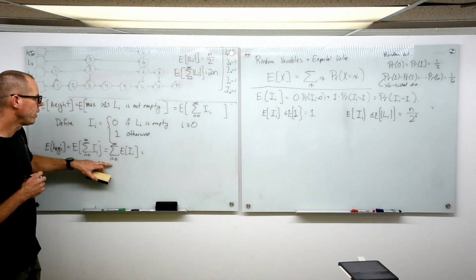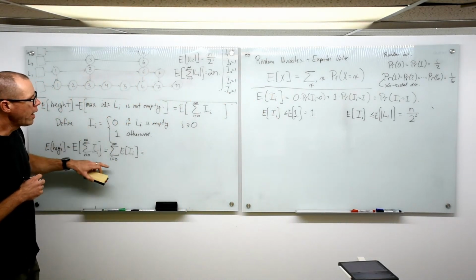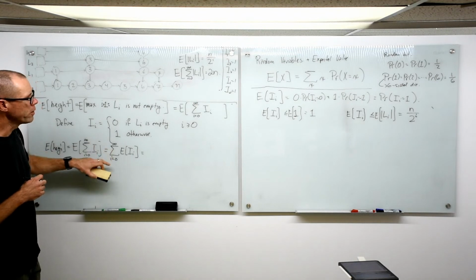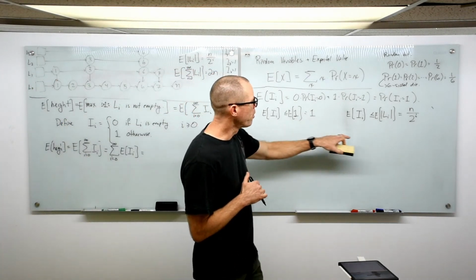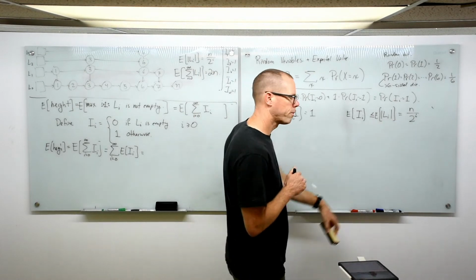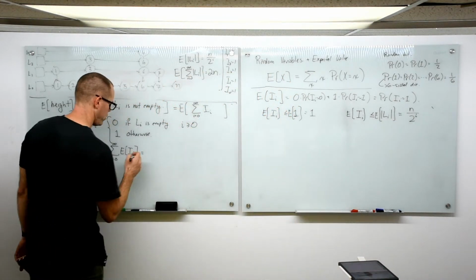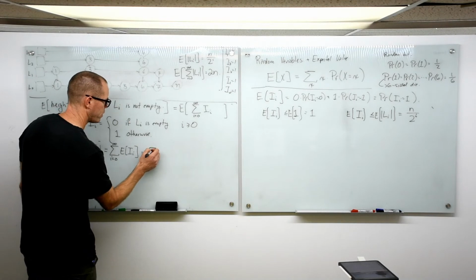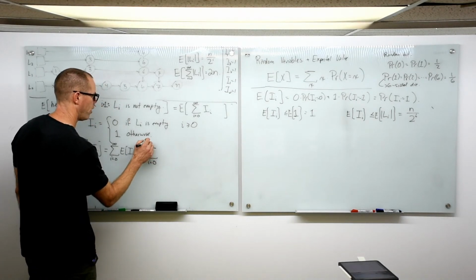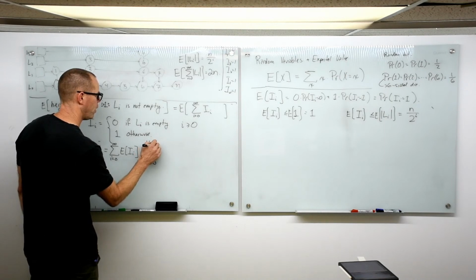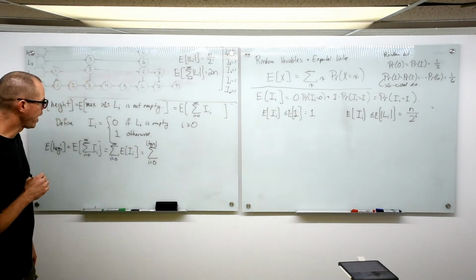This is a sum that goes from 0 to infinity, and we'll split it into two parts. One part where this is the right thing to use, and another part where this is the right thing to use. So we start with the first part, i equals 0, and we go up to the floor of log n.